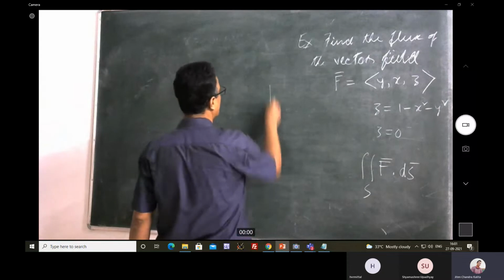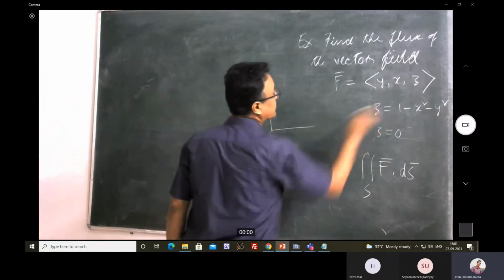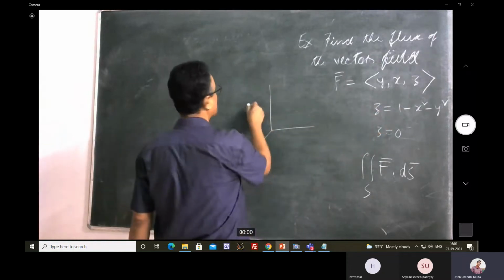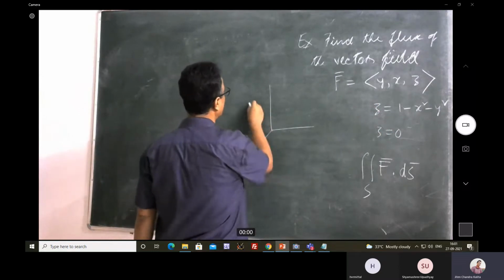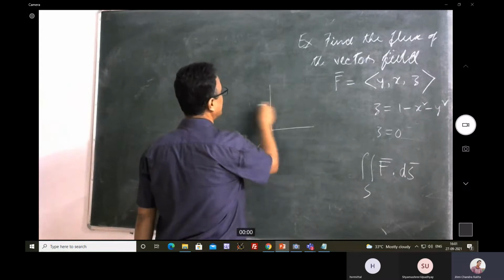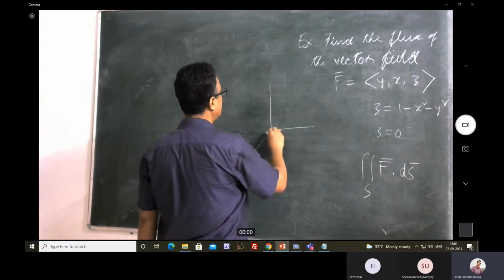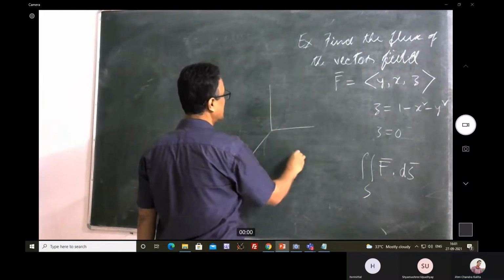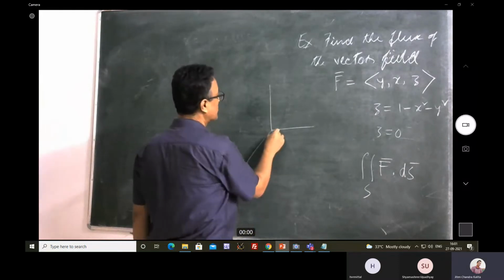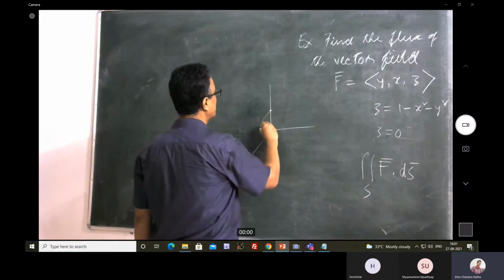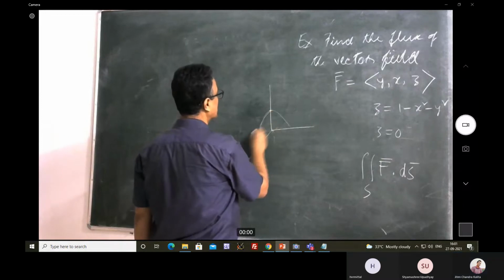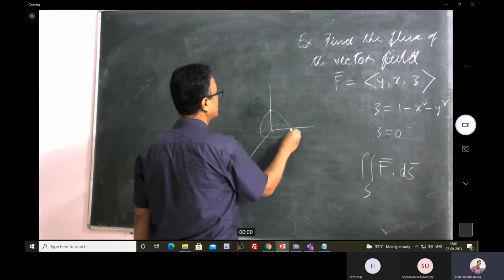So if you recall, this parabola, x square plus y square, if you take, it is going to be this parabola, isn't it? So minus of that it is going to be this. If you raise this 1 unit up, you are going to get this paraboloid.